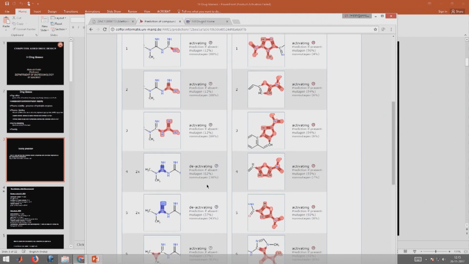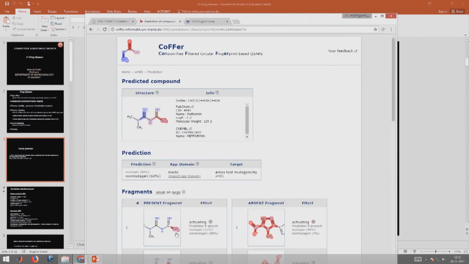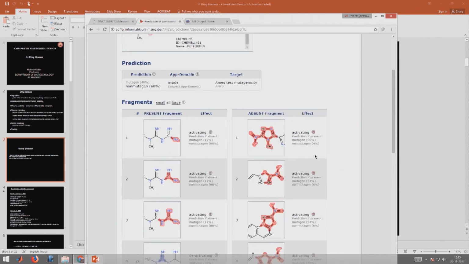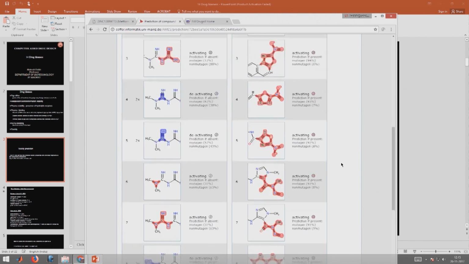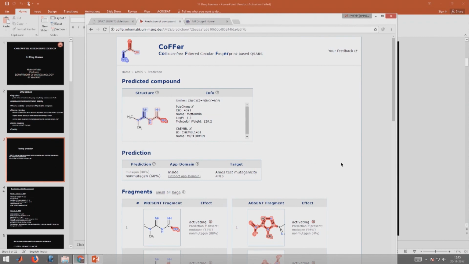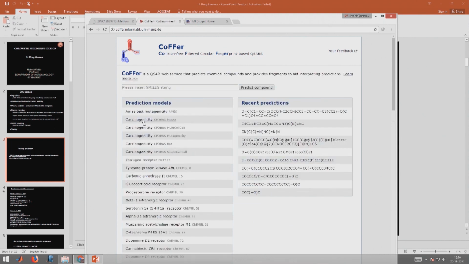It tells that some of these fragments are present in the test compound. They may be activating, they may be contributing towards mutagenicity, as you can see with some of these groups here. When you have the red color here, it means that actually, and it also gives a little bit of information about the compound. So, you can spend more time. We can look at a lot of different things, like carcinogenicity in mouse model.